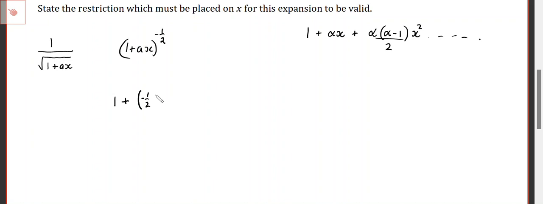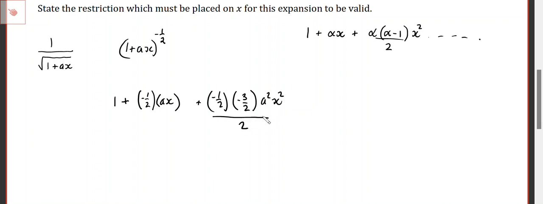So I'm going to do negative a half times ax, plus negative a half times negative 3 halves, times a squared x squared all over 2. Okay.